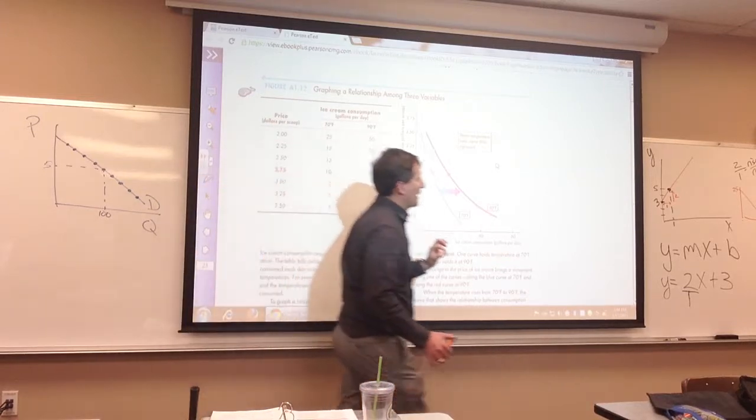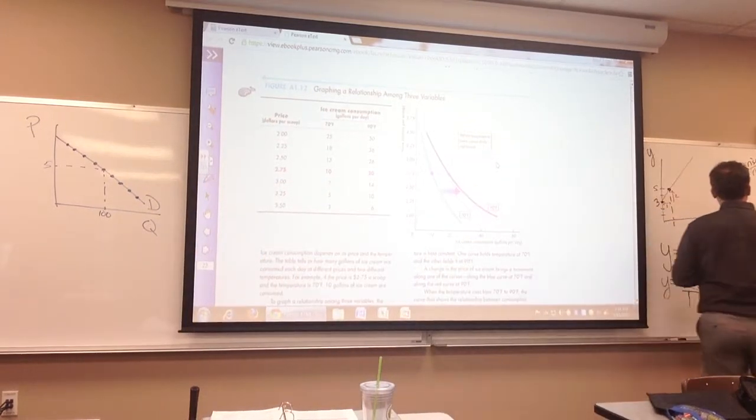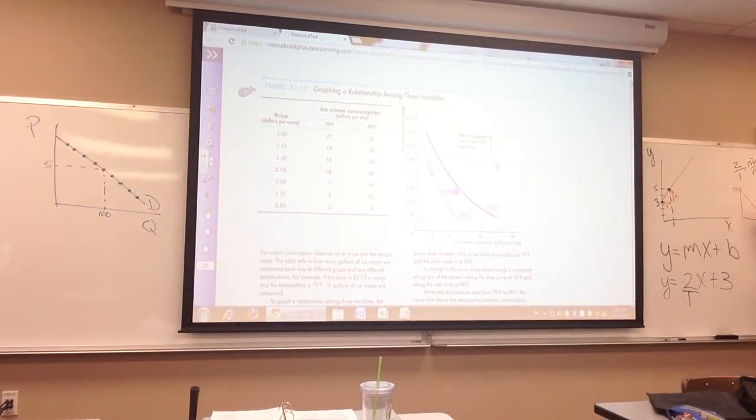So let me connect that back to the production possibilities frontier we were doing the other day. It shows the maximum combination of two goods an economy can produce given its available resources and technology. So Japan had 1,000 people. What if we doubled their population? Would they be able to make more? Yes, right?